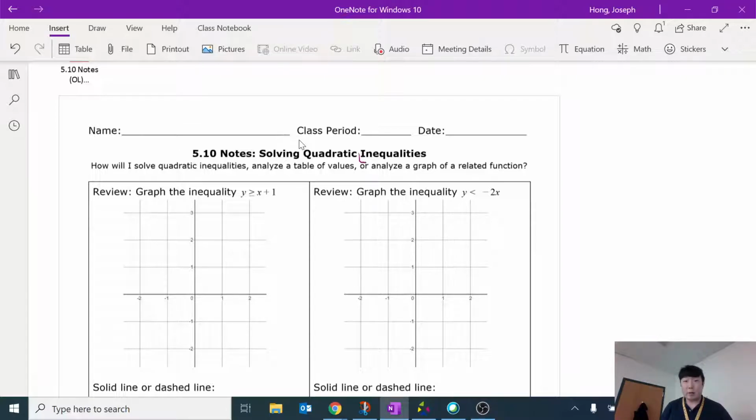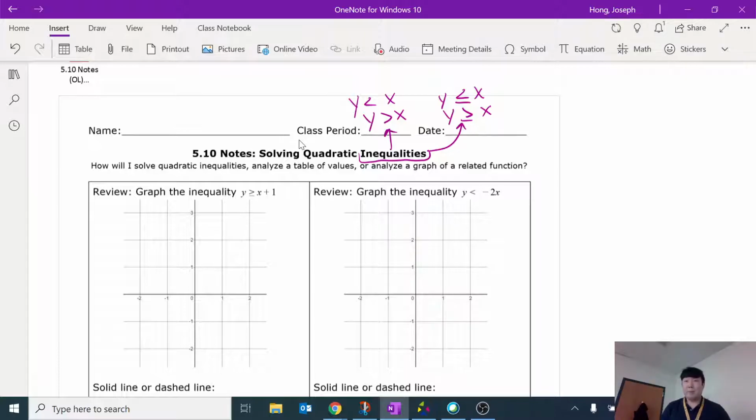Inequalities, if you remember, consist of the following: y is less than x, y is greater than x, y is less than or equal to x, and y is greater than or equal to x. So these four things are the situations that you can have, and all of these four things talk about different situations.